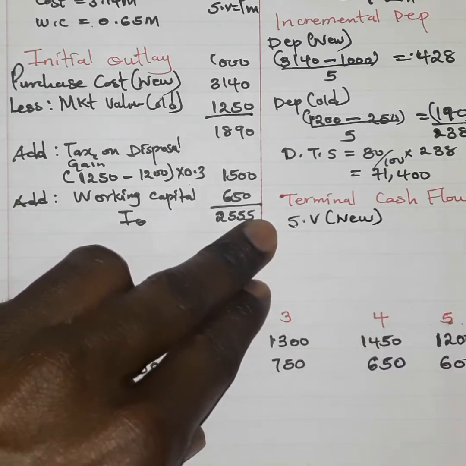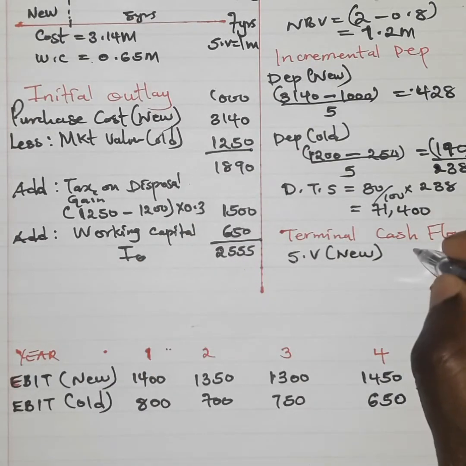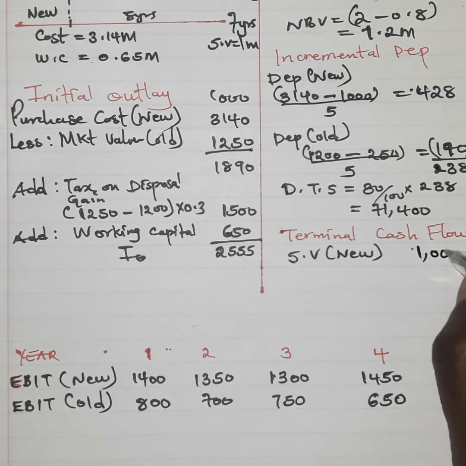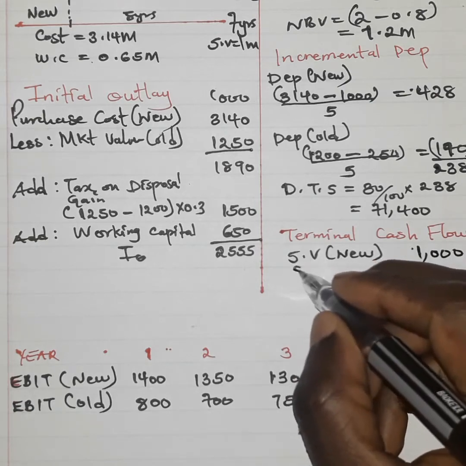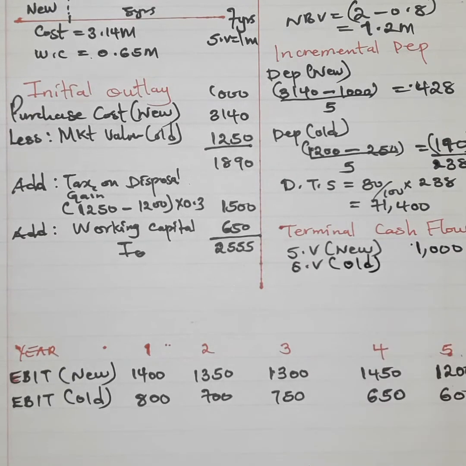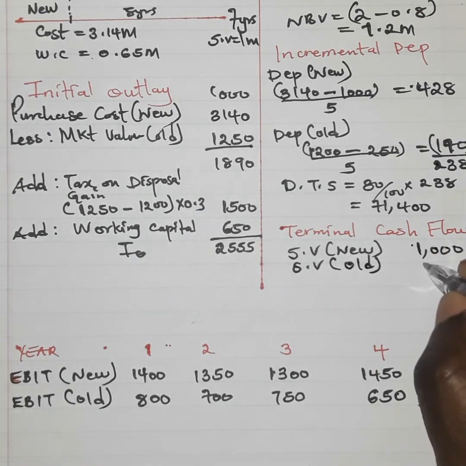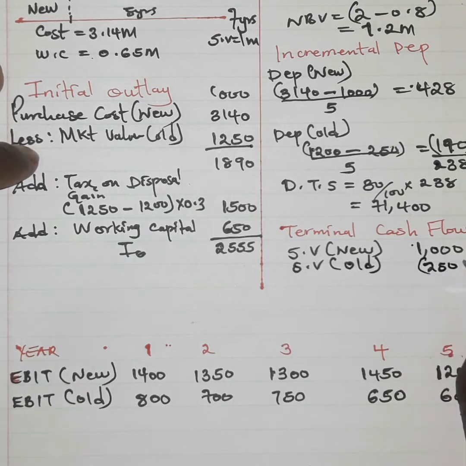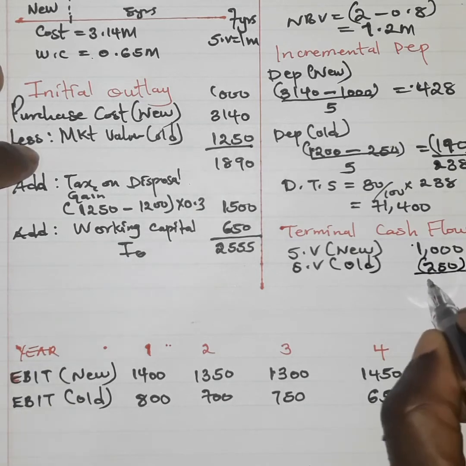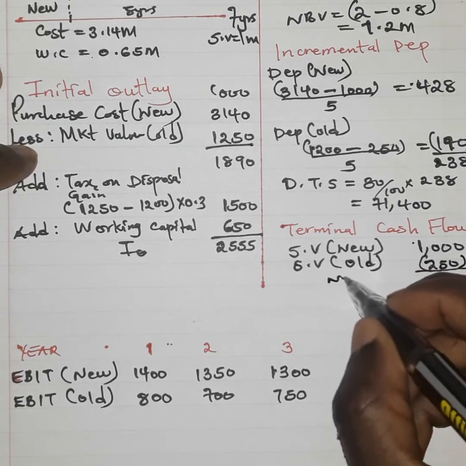The new machine had a salvage value of 1 million, so 1,000, minus the salvage value of the old. We are minusing the old machine salvage value because we are getting rid of that, and it was an amount of 250,000. When you minus, you get 750,000.